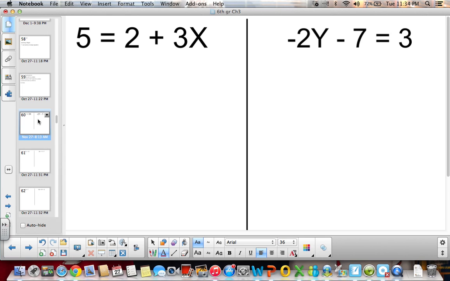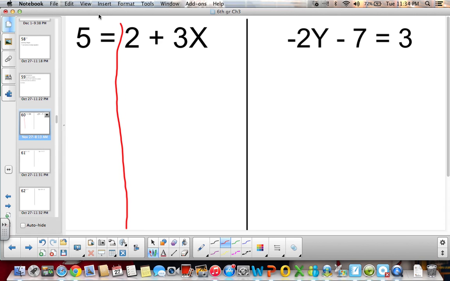So we have 5 equals 2 plus 3x. So the very first thing that we do is draw our railroad tracks to keep our problem nice and organized. What we're looking for is to figure out what x is.